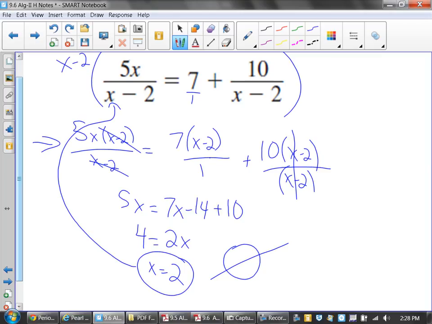Yes. One of the reasons why, when you're dealing with these types of problems, when you have fractions and you're solving equations, you will always see the instructions, check for extraneous solutions. This is that extraneous solution, where you will get an answer, but the answer doesn't work.